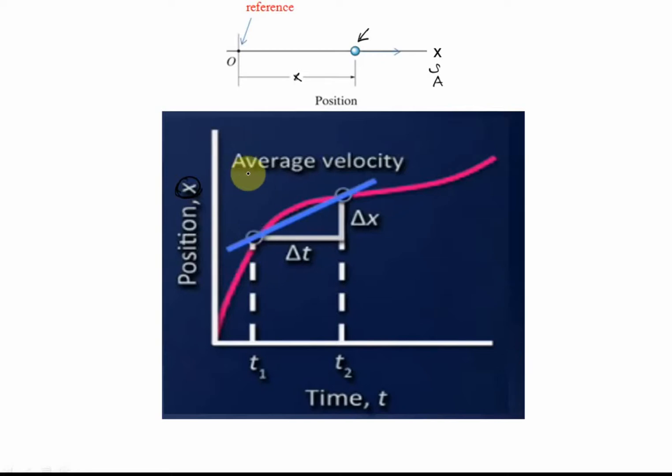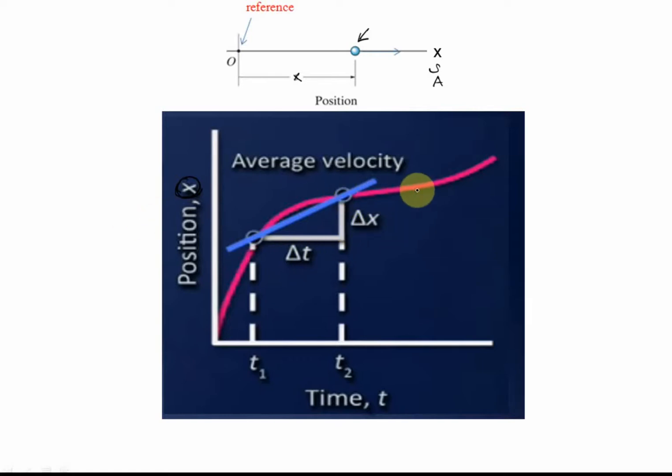This plot shows the average velocity. Average velocity is determined by the displacement divided by the time difference between 2 points. So here, between time 1 and time 2, which is delta t, is the interval, and during the delta t, the position change is delta x.